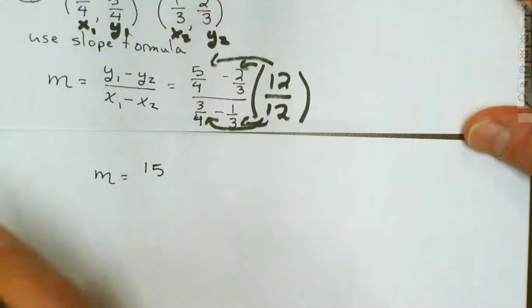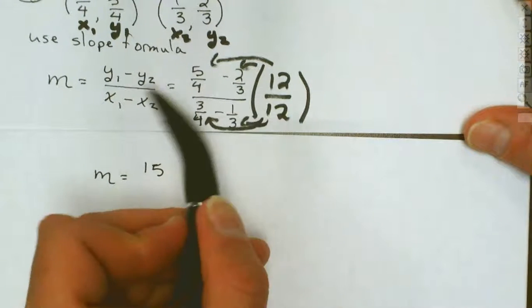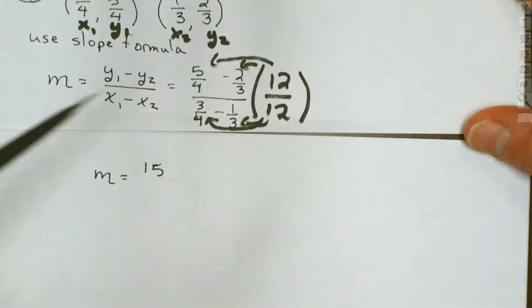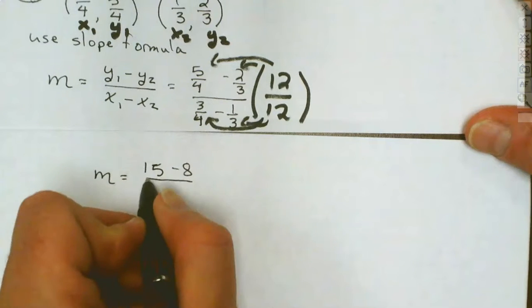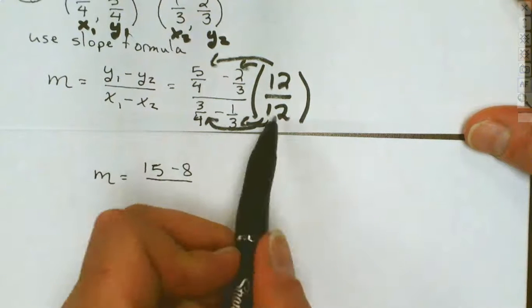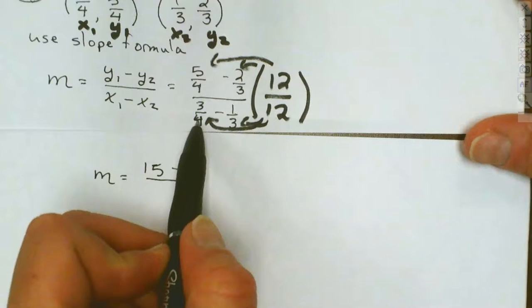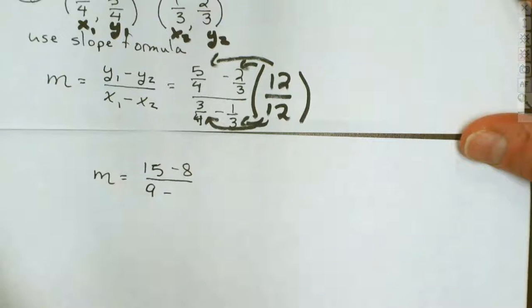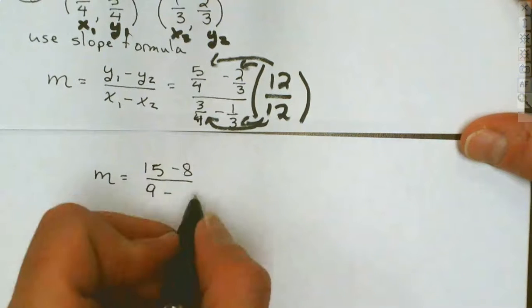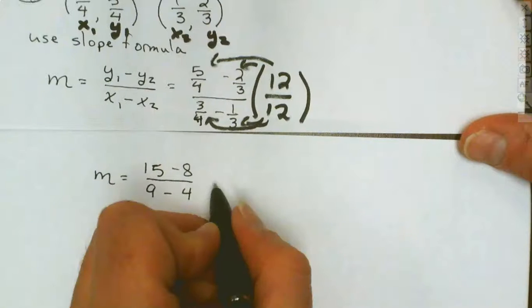So there's that piece. 12 divided by 3 is 4. 4 times a negative 2 makes it a negative 8. 12 divided by 4 is 3. 3 times 3 makes it 9 down below. 12 divided by 3 is a 4, times a negative 1 makes it a negative 4.